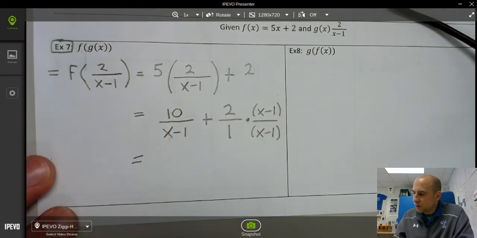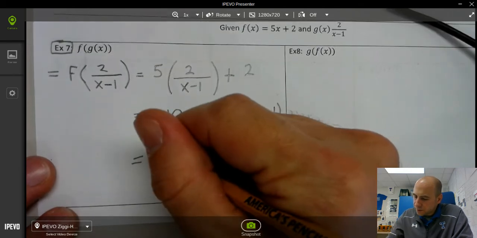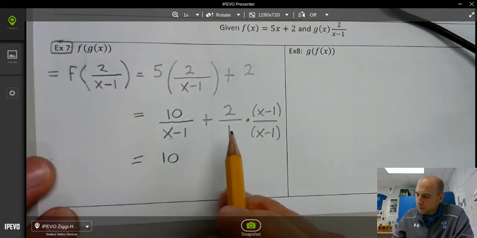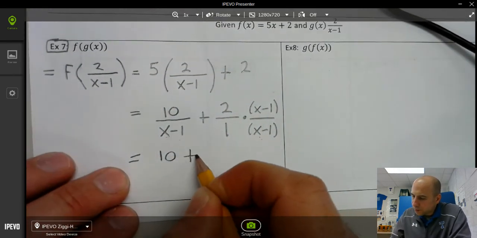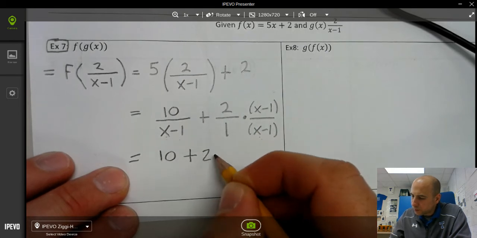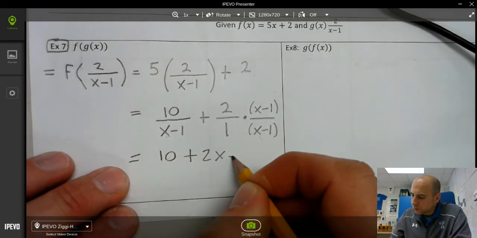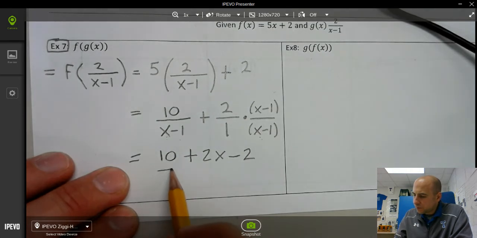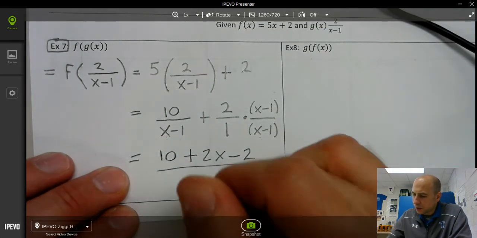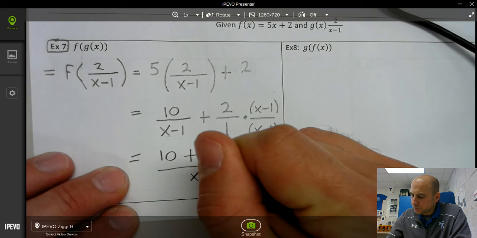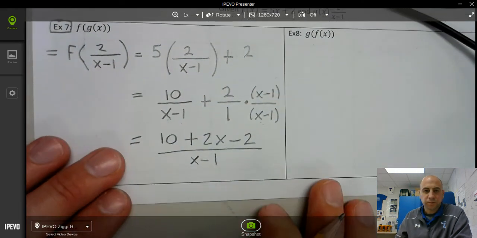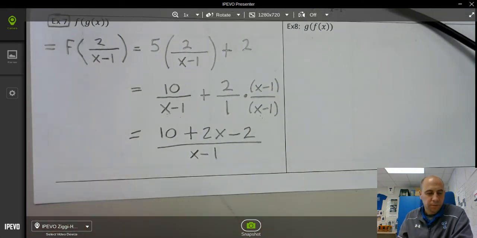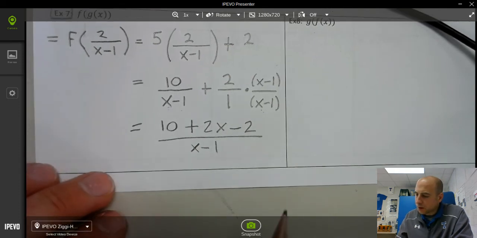So that is 10 plus, well, 2 times x is 2x, 2 times negative 1 is negative 2, divided by x minus 1. All right, and we can simplify here.